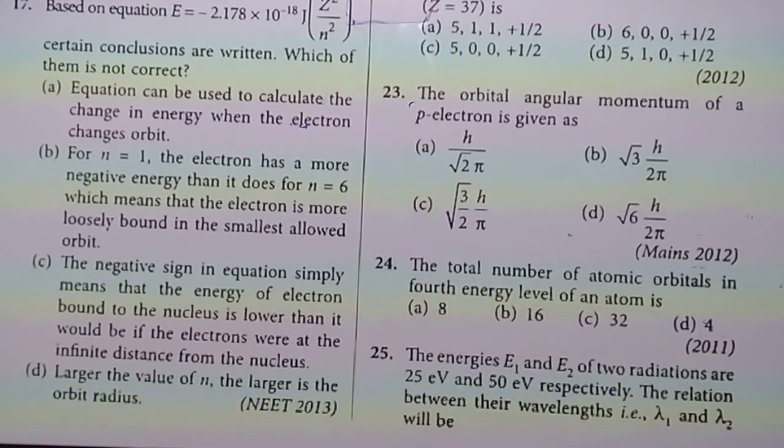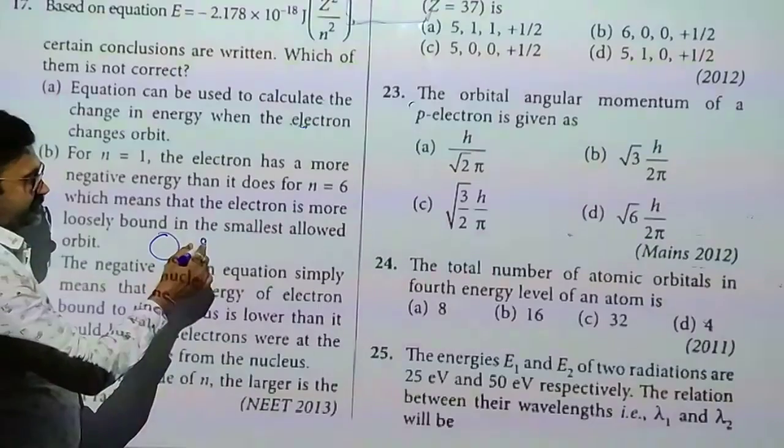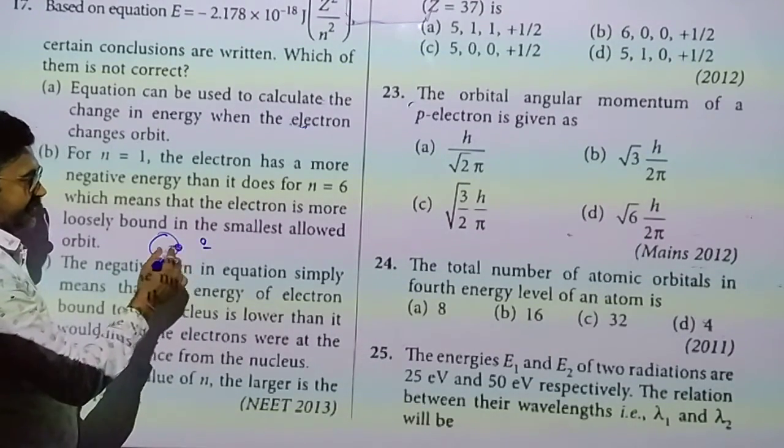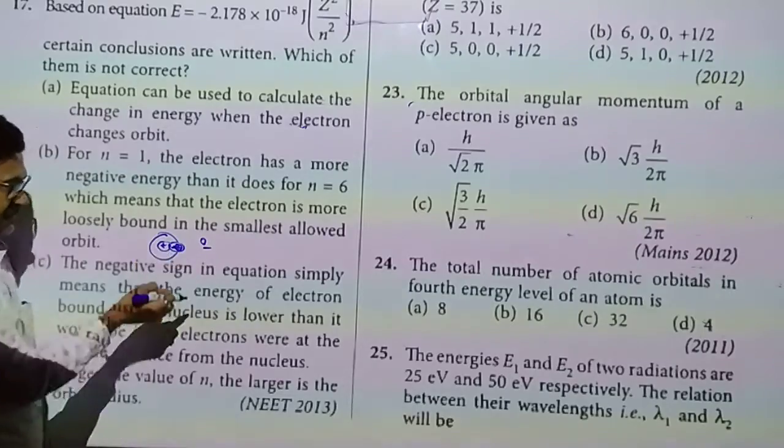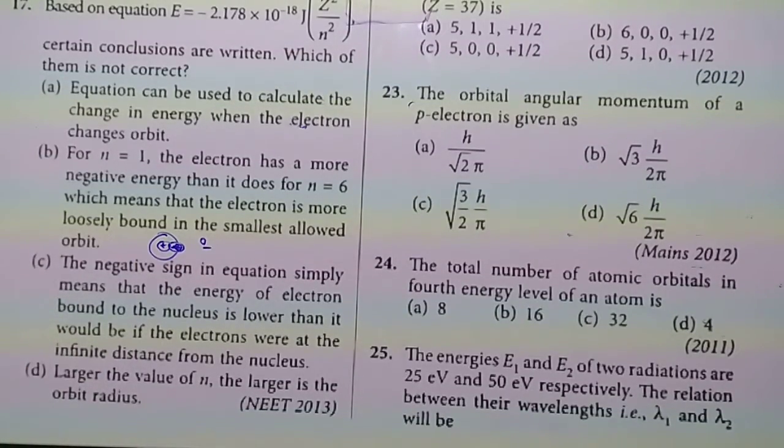The negative sign in equation simply means that energy of electron bound to the nucleus is lower than that would be if the electron were at infinite distance from the nucleus. At infinite distance the energy is 0, so here the minus sign means it is bounded, the electron is in bondage.